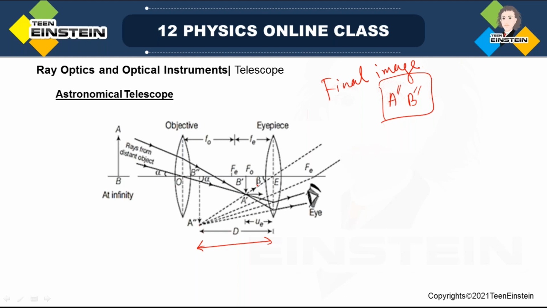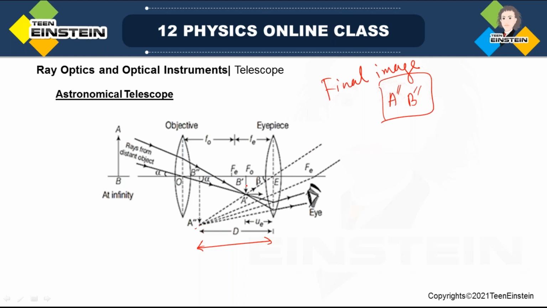It is created after refraction through the eyepiece. You can see the position of A double prime and B double prime.